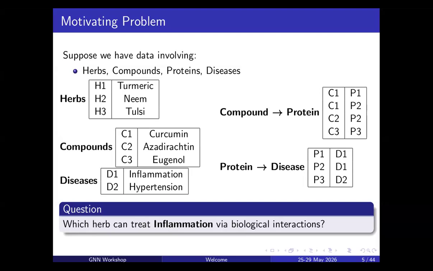If you want to get an answer for this question, you need to join all these tables, because the information is that C1 interacts with a protein, and the protein interacts with a disease. This connection you will get only through joining these tables. So multiple table joining operations are required to find this answer.